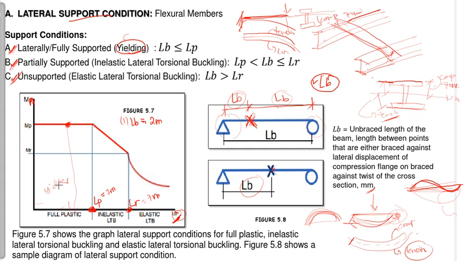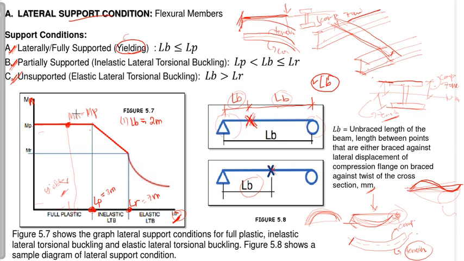So, that means it falls on the case 1, yung laterally supported, and that is Lb is less than or equal to Lp, which means it will experience our first limit state, which is yung yielding. And ano naman yung Mn natin? So, pag tinitingnan nito, this is horizontal. So, yung Mn natin is equal to the Mp.